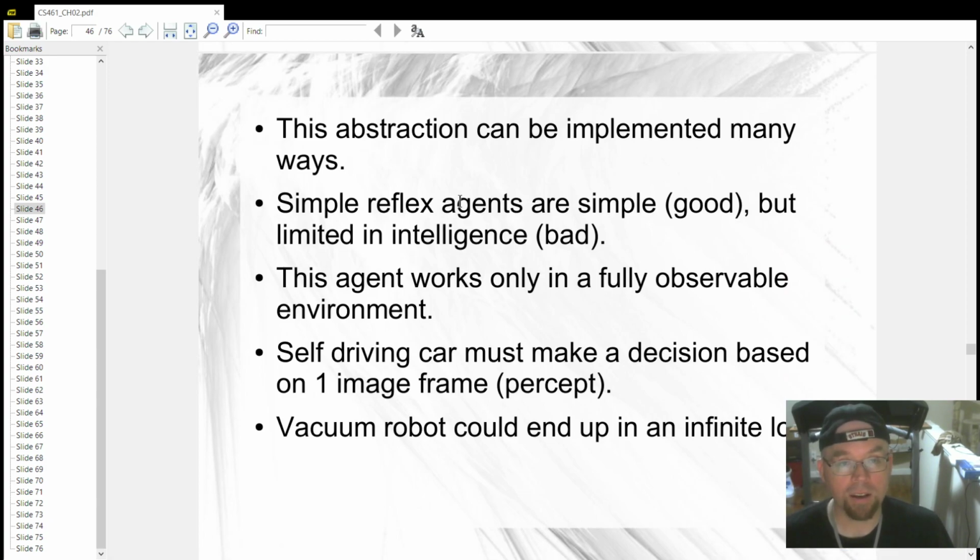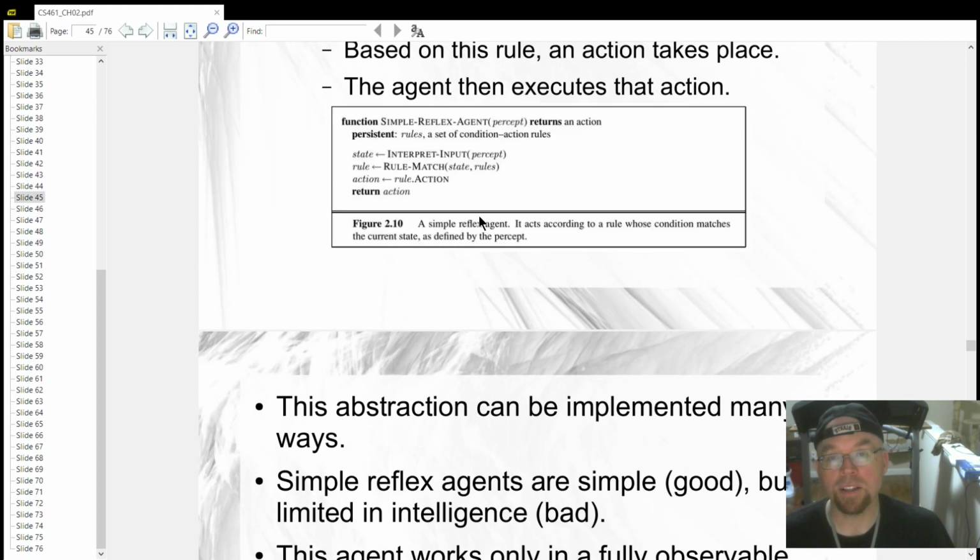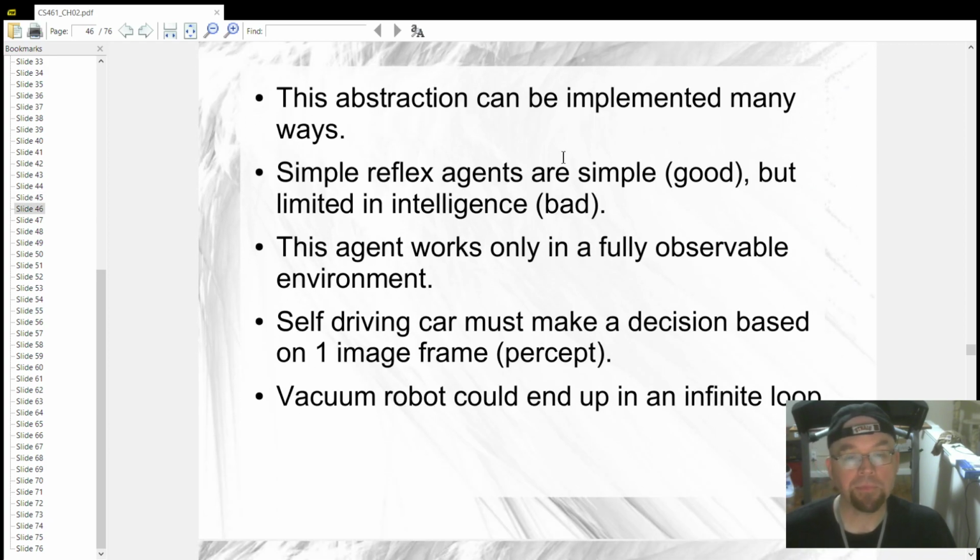Are you just going to have a chunk of code that's a bunch of if-elses inside of this rule match function, and maybe a bunch of if-elses inside your interpret input function? So we're just breaking up so we can identify easily all of the different pieces that belong to this. It can be implemented many different ways.